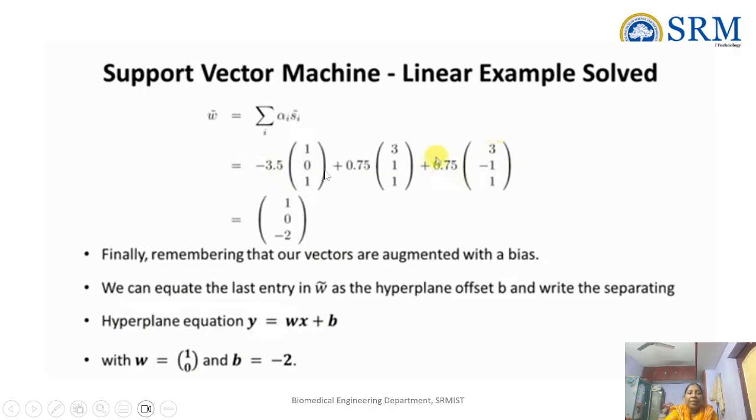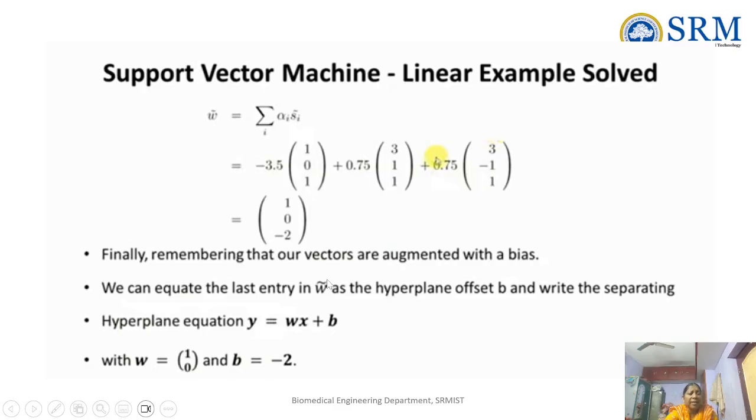When you multiply and simplify, you will get 1, 0, -2. So from this vector, we can identify that 1 and 0 represent the weights and -2 represents the bias. So we can form the hyperplane equation as y equal to wx plus b, where w is 1 and 0 and bias b is -2.